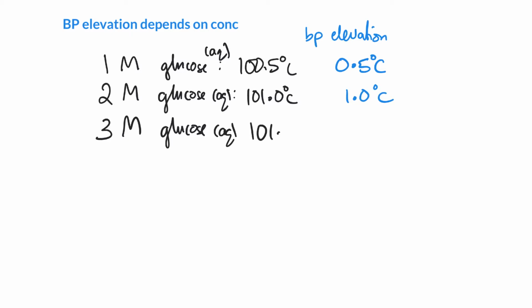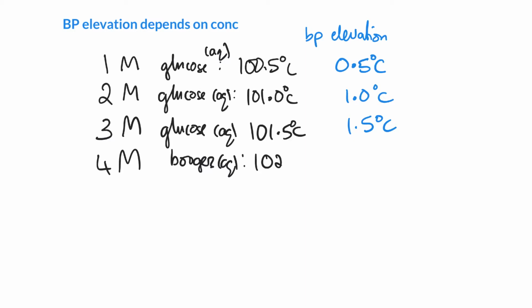Yep, 101.5 degrees C, an elevation of 1.5 degrees C. And if we had 4 molar boogers, then we would predict that it would boil at a higher temperature, 102 degrees Celsius, which is an elevation of 2.0 degrees C.